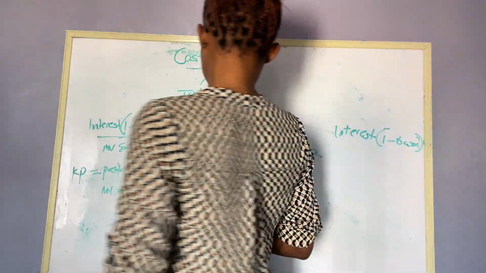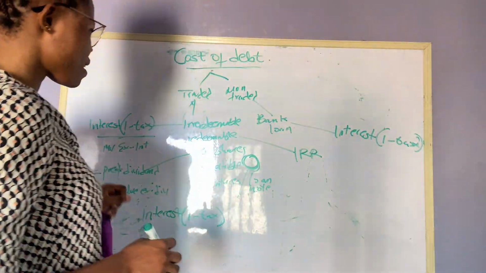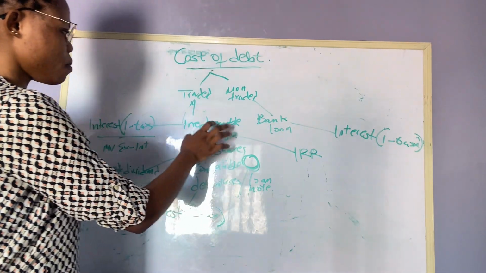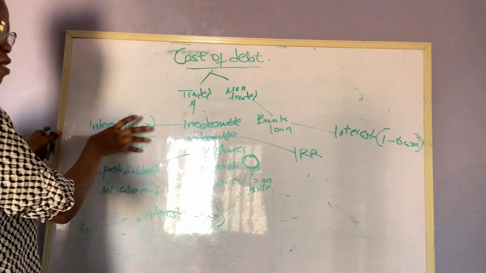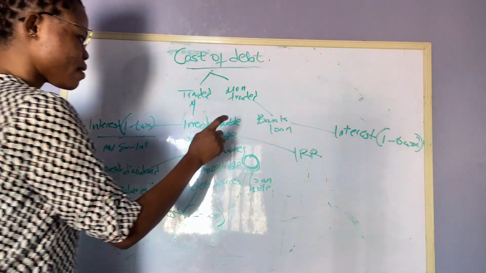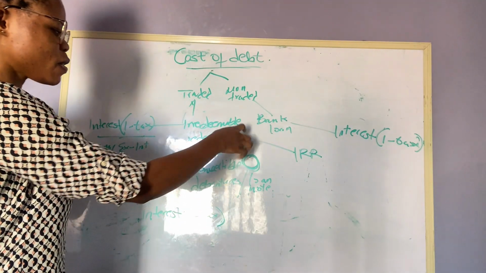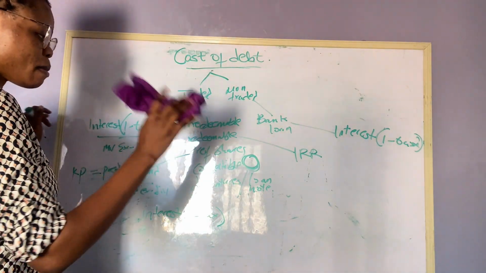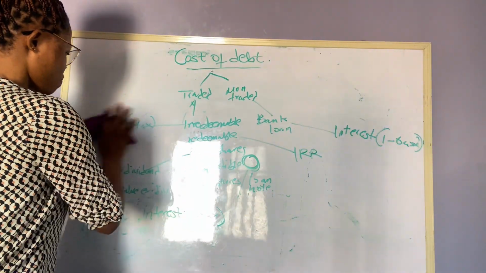So now that we are done with that, we are going straight to redeemable debt. Irredeemable is just the formula, it's straightforward, right? The major part here is redeemable debt. We are going to solve redeemable debt first of all.